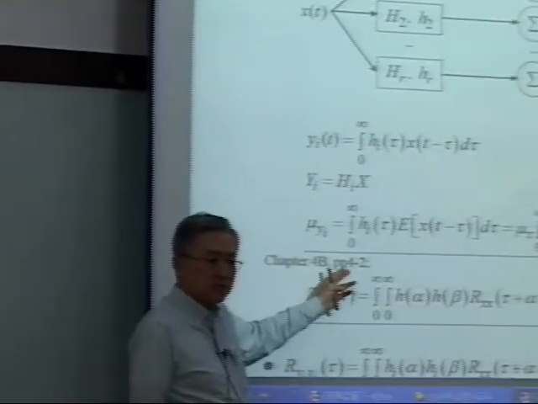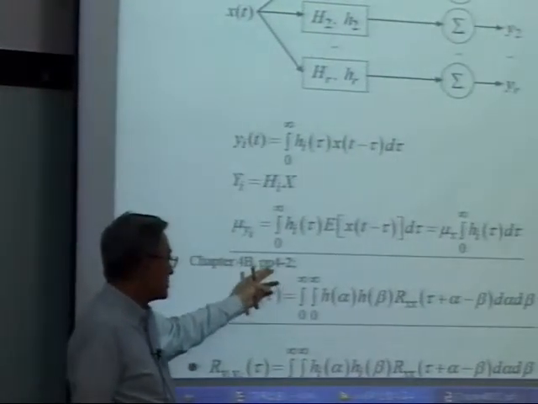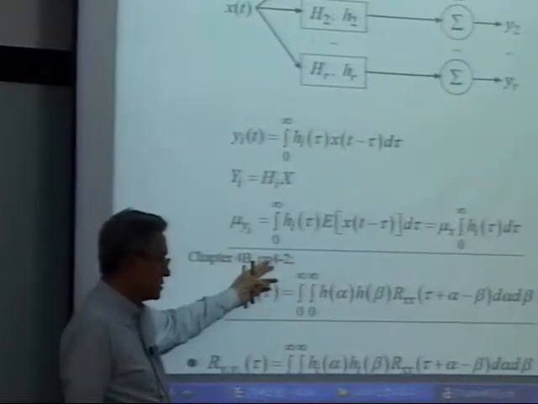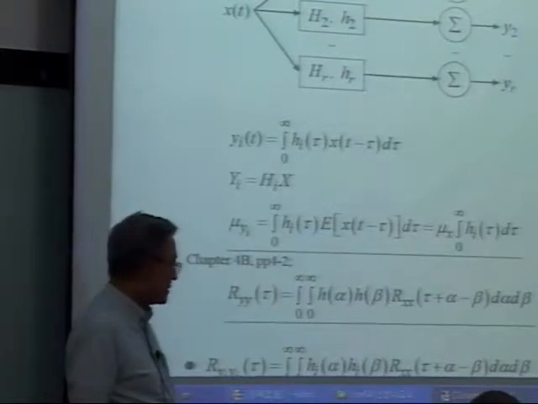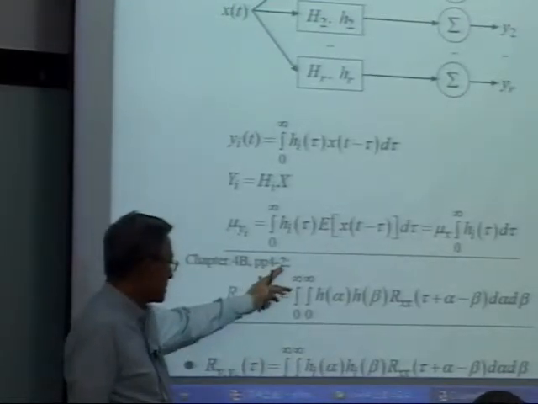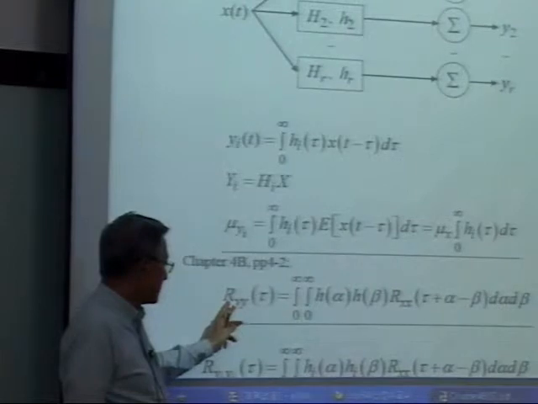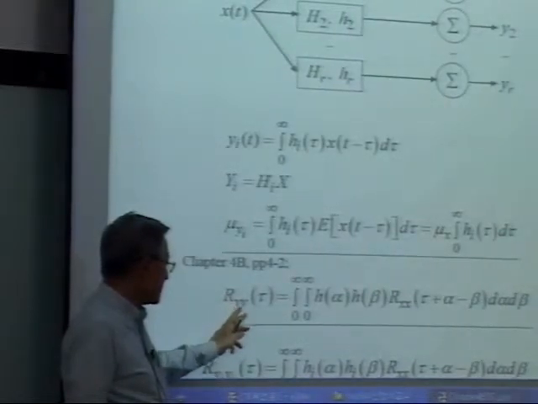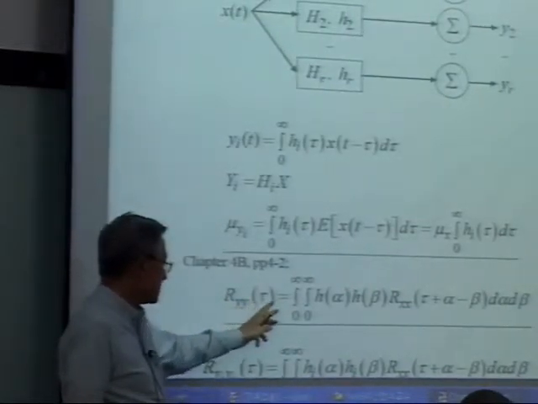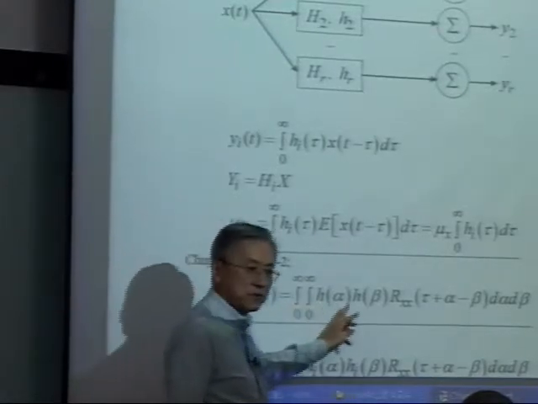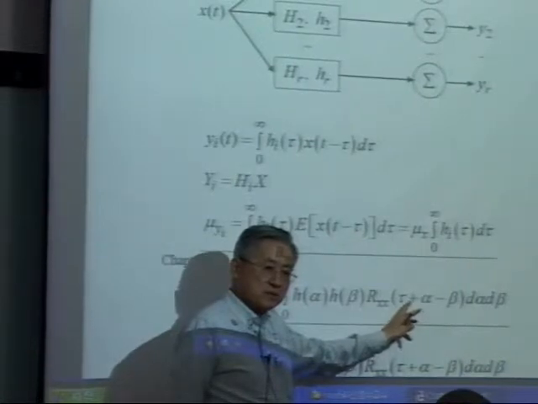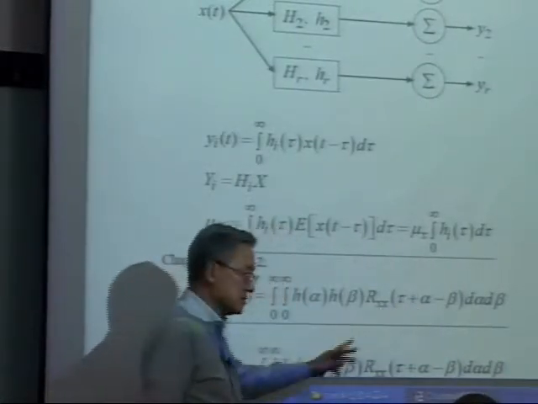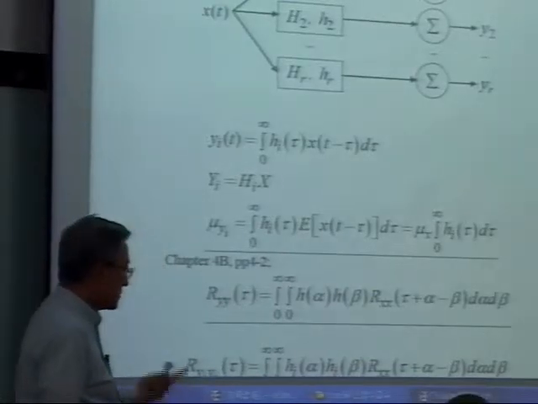Then if you look at chapter 4, section A, on the second page, autocorrelation is equal to this. All the derivations are out there. Do I have to memorize? Don't ever memorize. If you open the note, it's all there. So nothing to memorize.